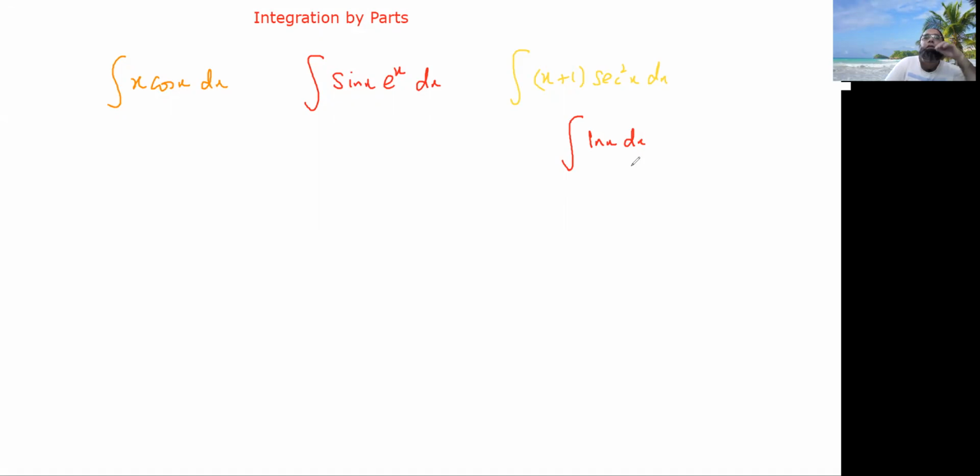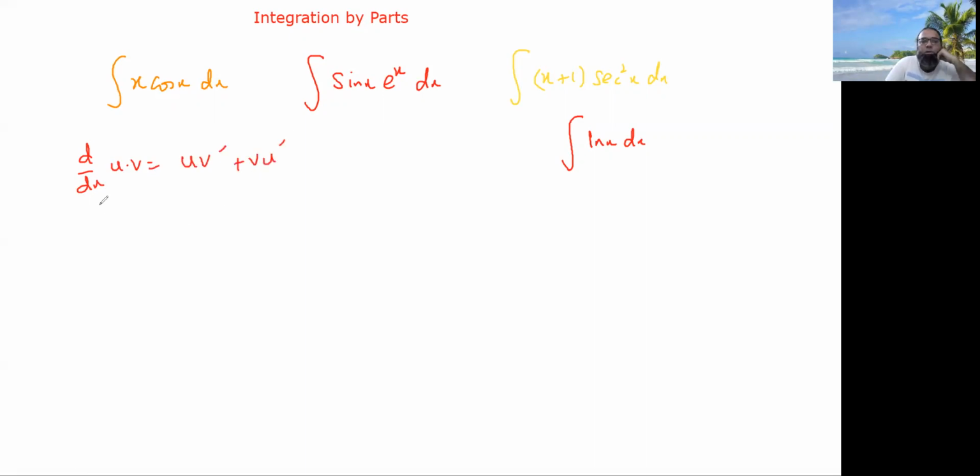So to understand this integration by parts, you will have to go back to the u dot v formula. When you have d by dx of u dot v, this is basically u v dash plus v u dash.